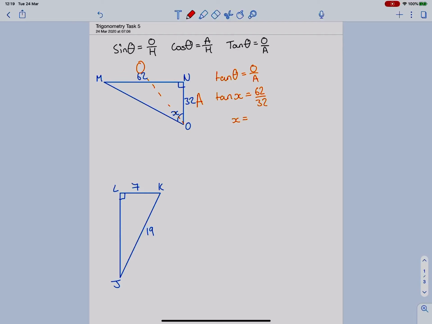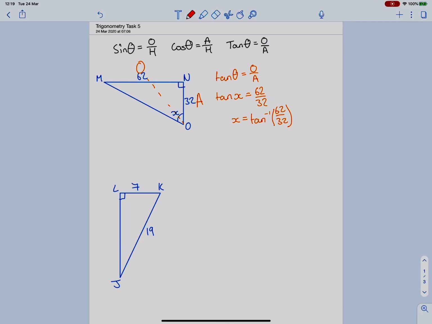So here you can do tan minus 1 of 62 over 32. Tan minus 1 means inverse tan. It's the opposite of tan. Like squared becomes square root, tan becomes tan with a minus 1 for inverse tan.